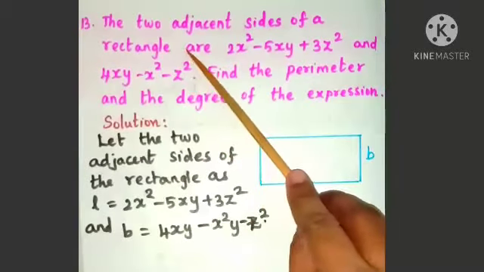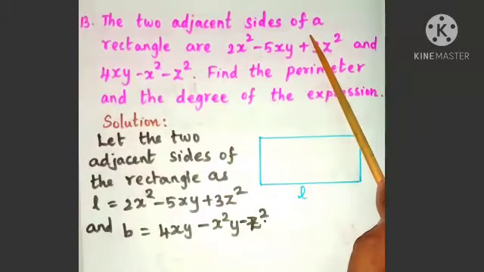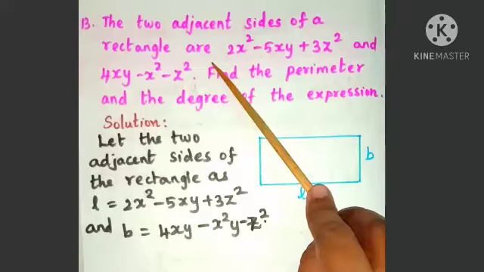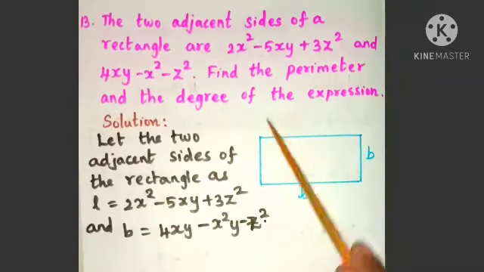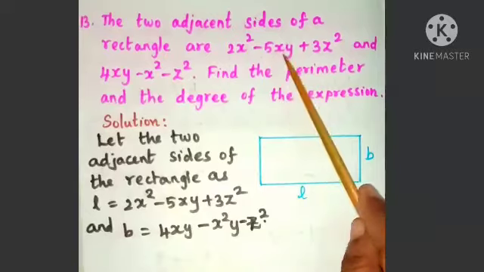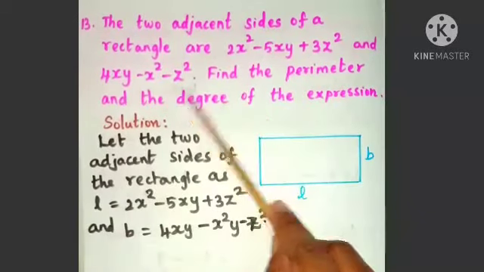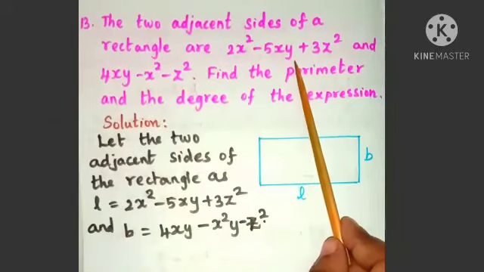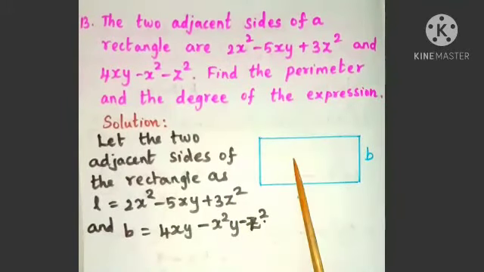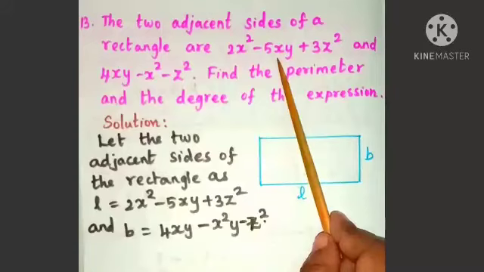13th problem. The two adjacent sides of a rectangle, that is length and breadth, are given. Find the perimeter. So here students, the length and breadth of a rectangle are given in the form of algebraic expressions.